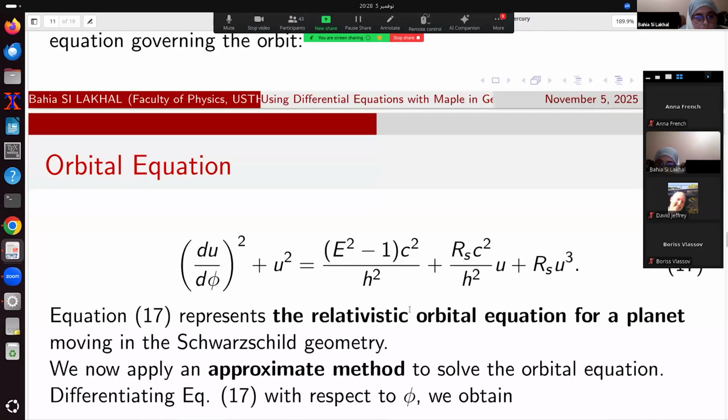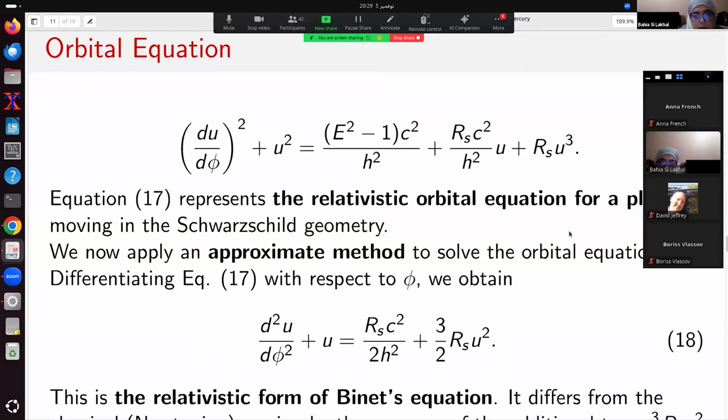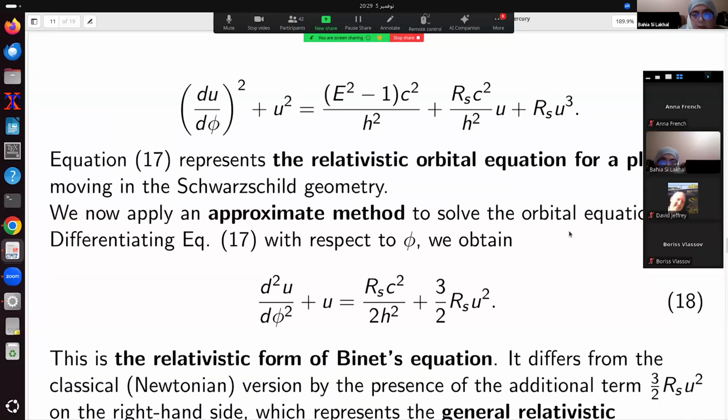Now we will apply an approximate method to solve the orbital equation by differentiating equation 17 with respect to phi. We obtain this equation, called the relativistic form of Binet's equation.